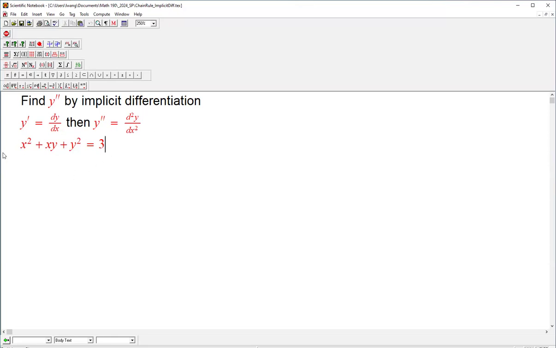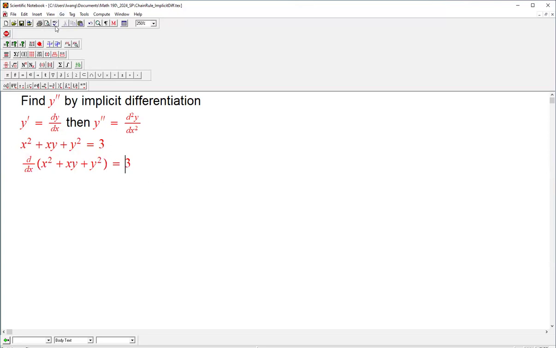Okay, first order derivative. So we're going to differentiate both sides with respect to x.